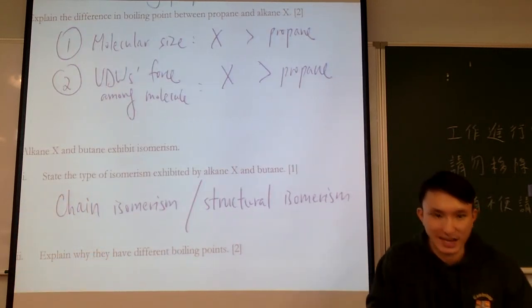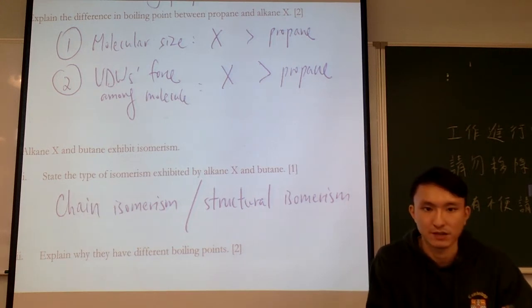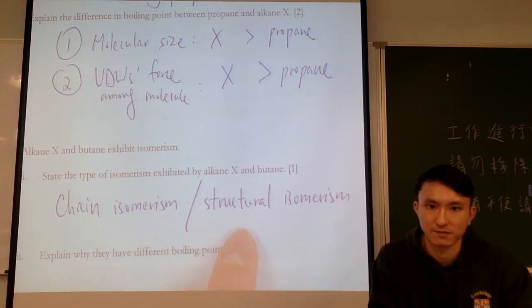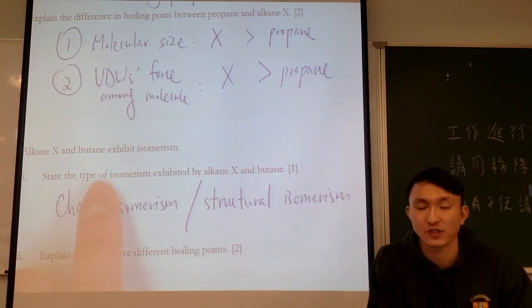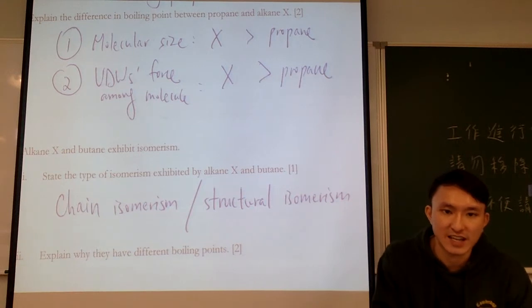So pay attention, guys. If the question says state the type of isomerism, then you can answer structural isomerism or the specific type of structural isomerism. But if the question specifies, state the type of structural isomerism, then you must state chain isomerism.